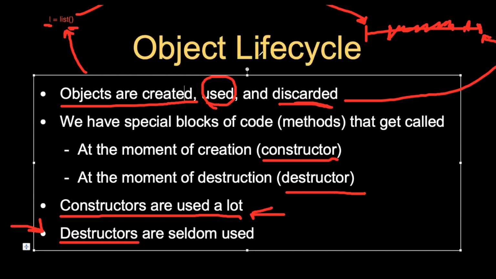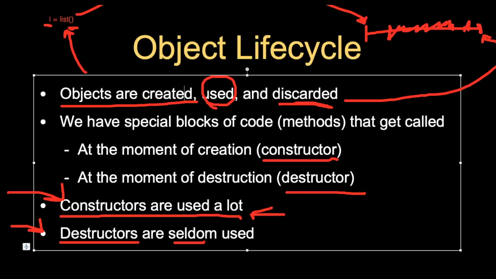And because pointers are used quite a bit in C++, destructors are often used to delete pointers that point to an array or something like that. But in Python, it's rarely used. So I just let you know, first of all, what constructors and destructors are, and the reason why they're used, and how they're used. Okay.